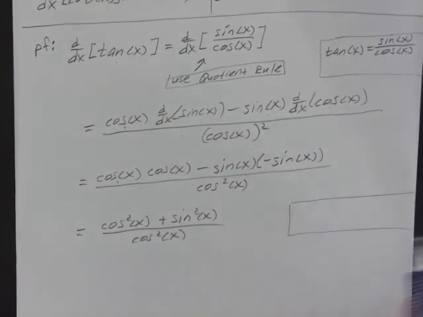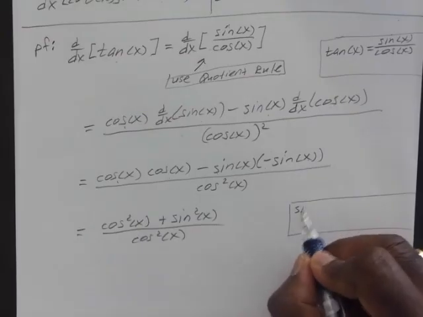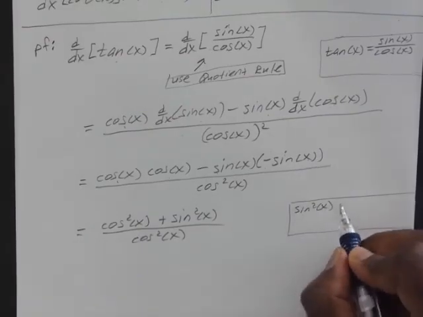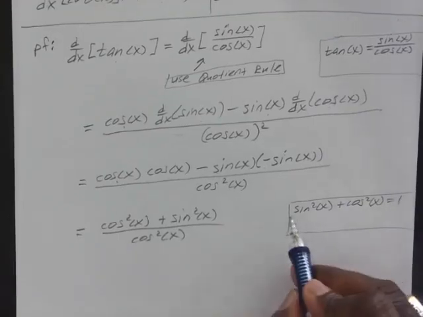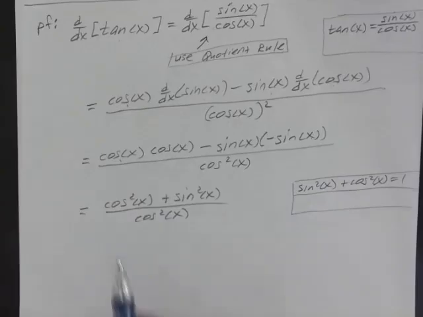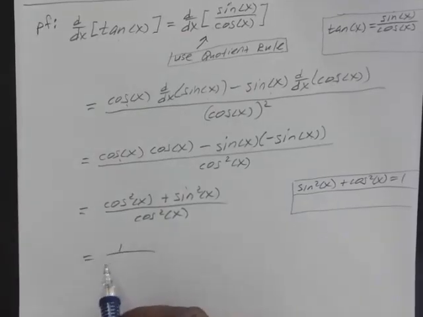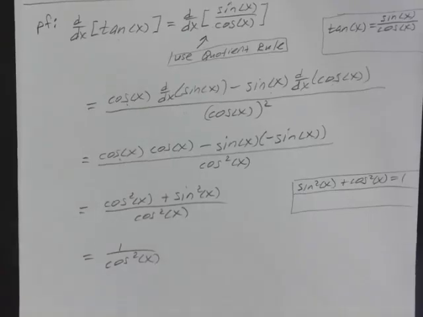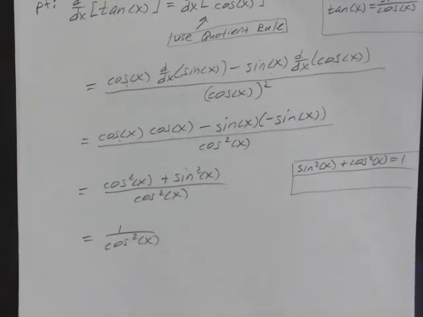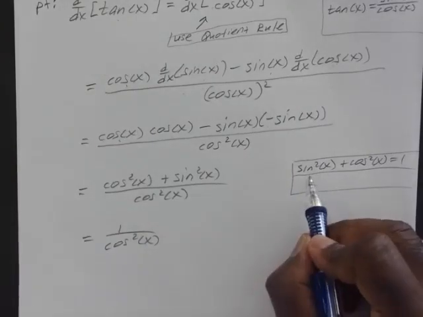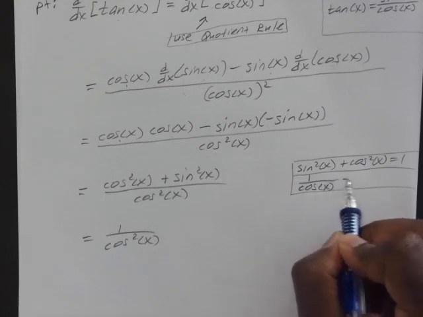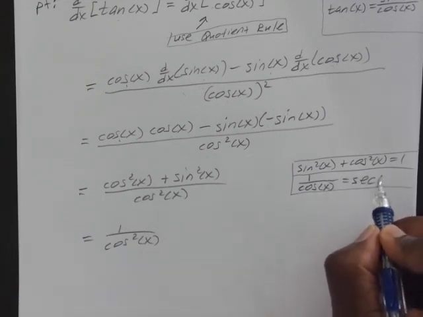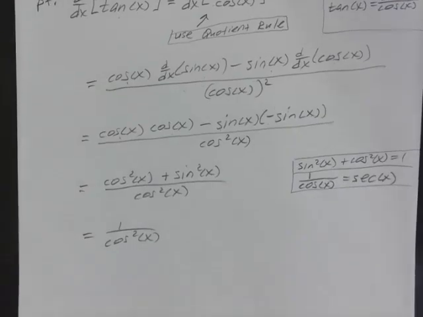Okay, well, if you remember, sine squared plus cosine squared is equal to 1. So we can make that 1 over cosine squared of x. Okay, but we also know that 1 over cosine is equal to secant. Secant is just the reciprocal of cosine.